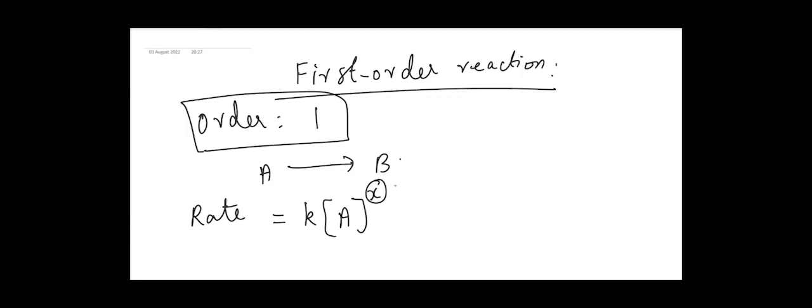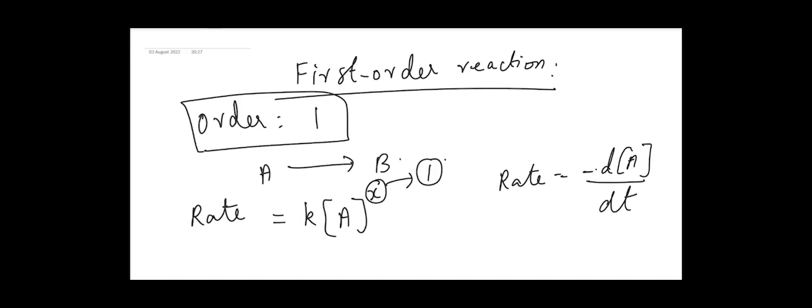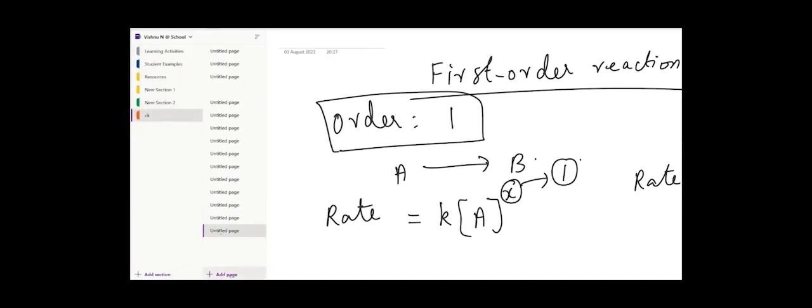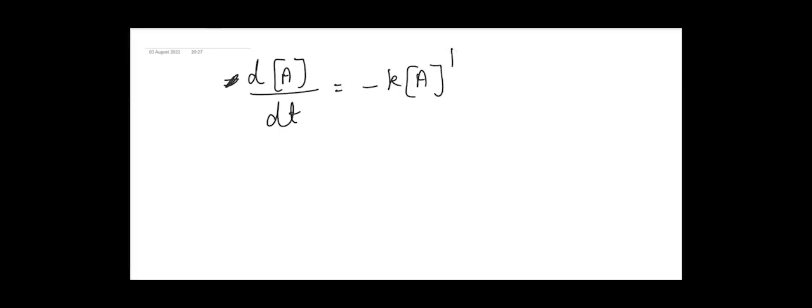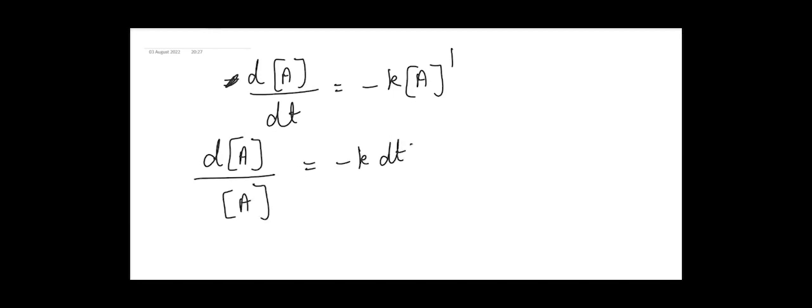Now this x here is nothing but 1, and rate can be written as minus dA by dt as discussed before. So we can write the equation as minus dA by dt is equal to minus k times A power 1, since the order of the reaction is 1 here. Now let us bring the A to the left hand side. So dA by A is equal to minus k dt.